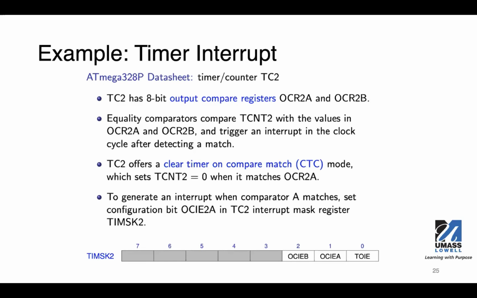For the counter interrupt, we will need to use a few registers. One is the output compare register that will set the upper bound, the value that you want it to reach before resetting the counter. The equality comparator will compare the value you set in the register, and if they're equal, it will trigger an interrupt, one clock cycle after detecting a match, and that's the timer interrupt.